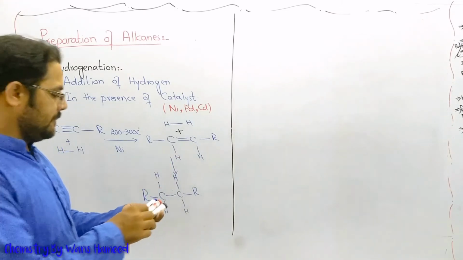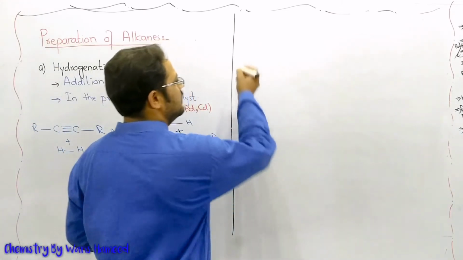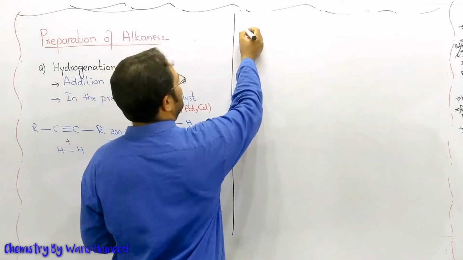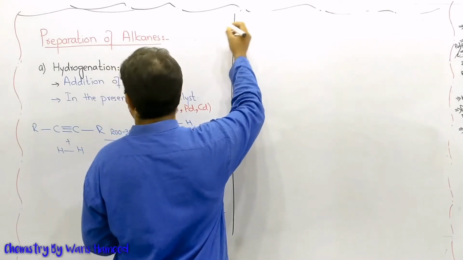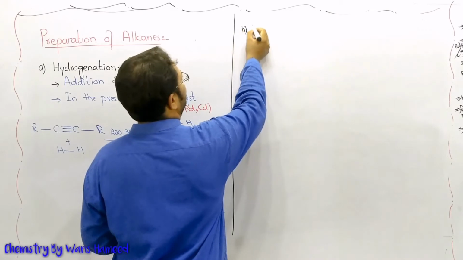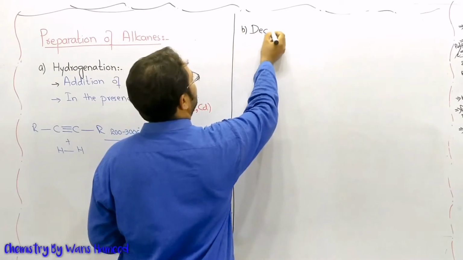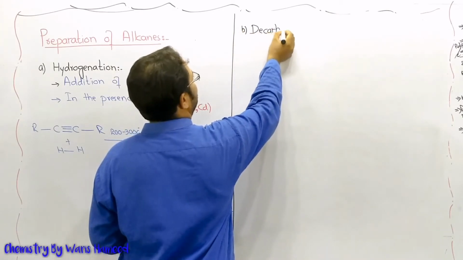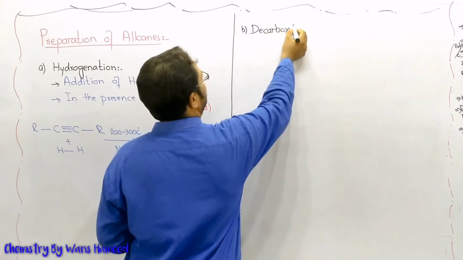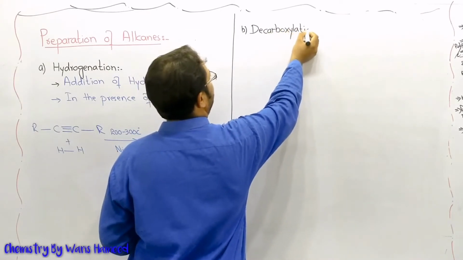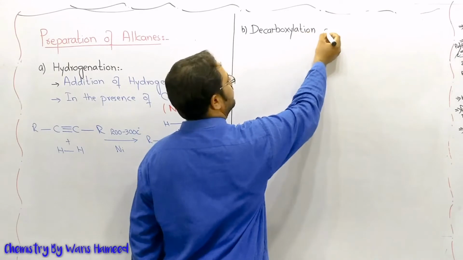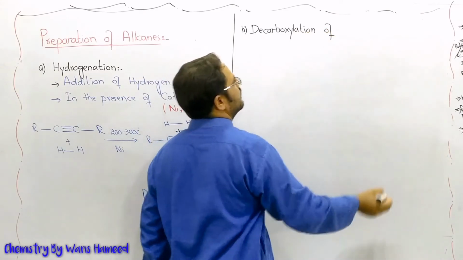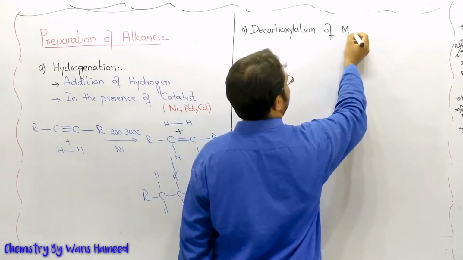The next method is decarboxylation of monocarboxylic acid.